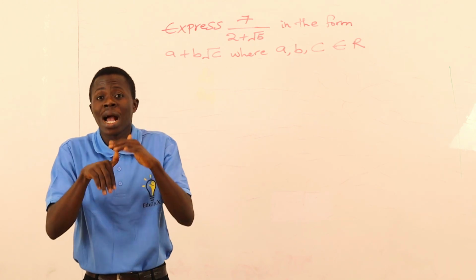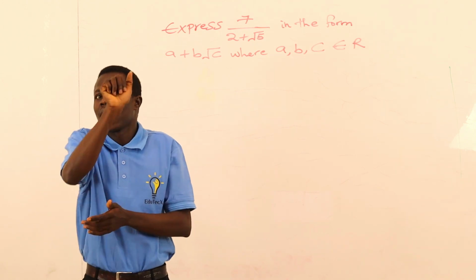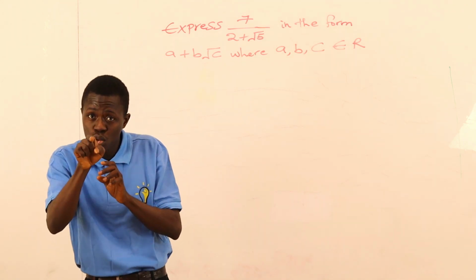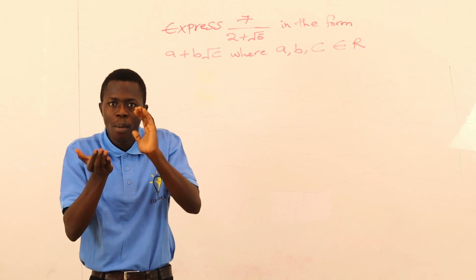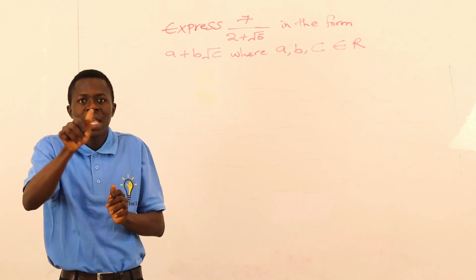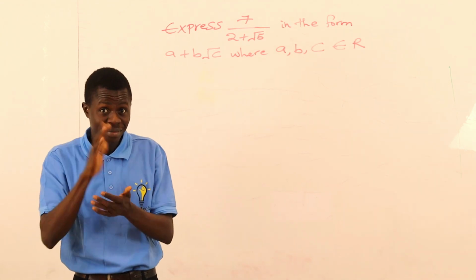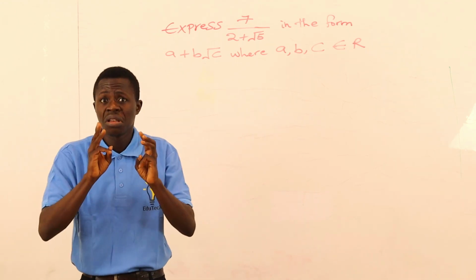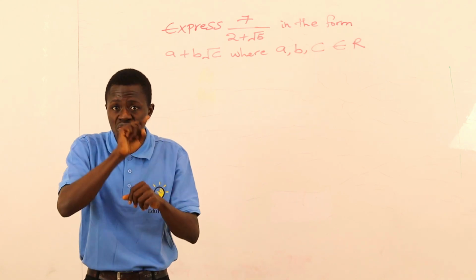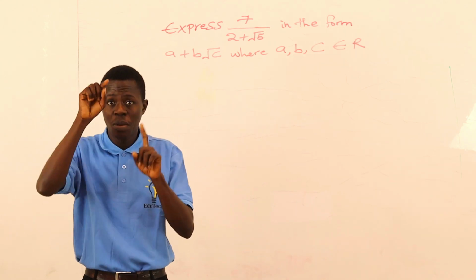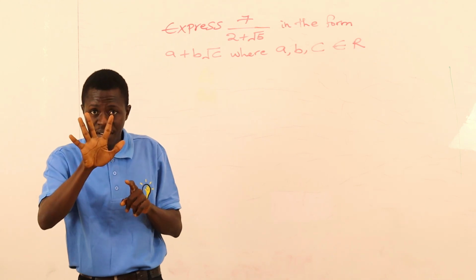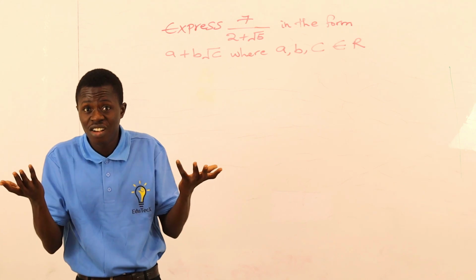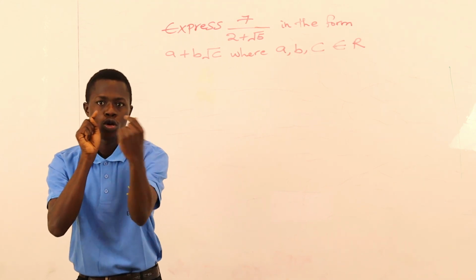Then you write your final answer in the form a plus b square root of c. So we are going to use the same method as we use in rationalizing a denominator that has two separate expressions. What do we normally do? We change the denominator and find the conjugate set.